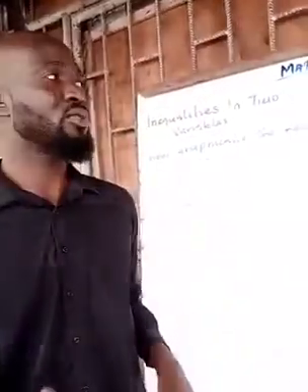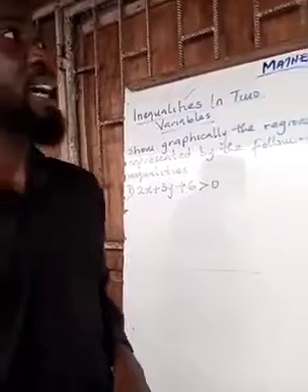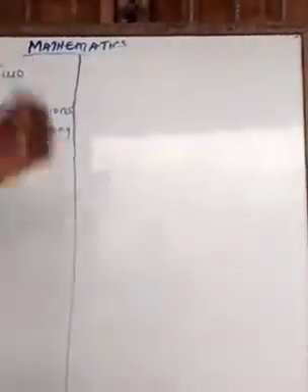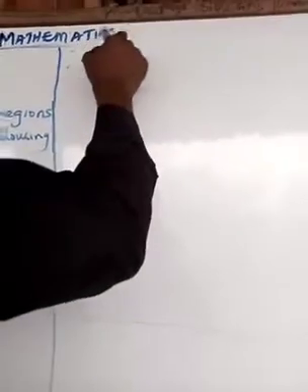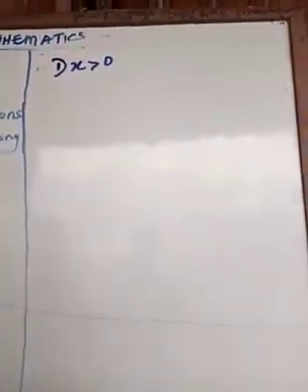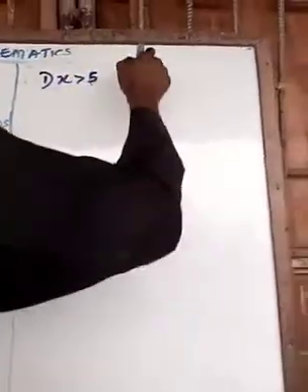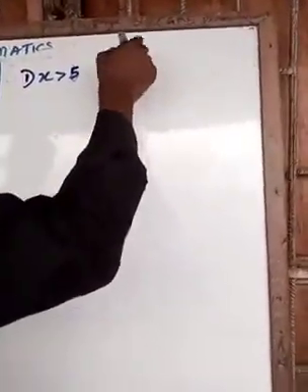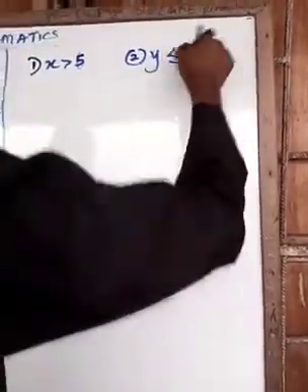But I'm going to introduce you to certain things before we go deep into this. Now let's say we want to represent this on a graph. We'll use this approach, something we'll later use here. I want to show you certain things here. Let's say we're told to represent this on a graph: x greater than, let me use 5. Y less than or equals to minus 6.